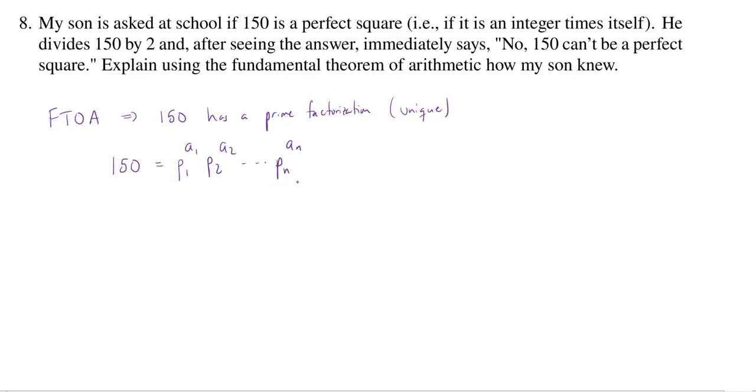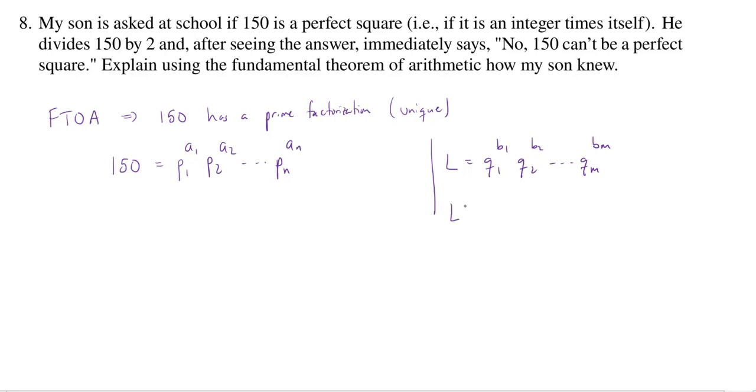Now, if this number were a perfect square, what would the prime factorization have to look like? Well, let's say we just had some other number, who knows what it is? Let's call it L. And L has a prime factorization, Q1 to the B1 times Q2 to the B2, dot, dot, dot, Qm to the Bm.